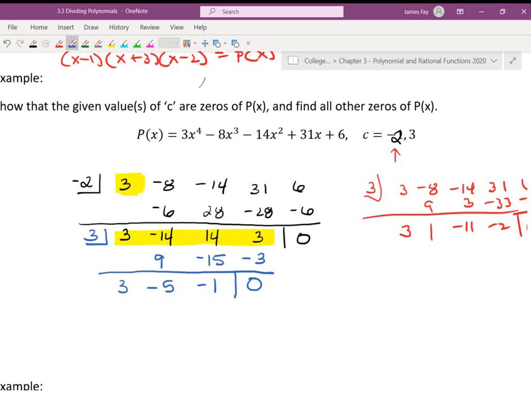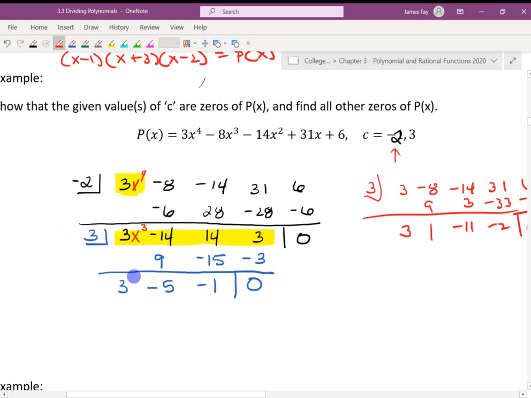Okay? And why is that 3, -5, -1 line important to us? Why do we want that to generate? Think about this. You said this was x to the 4th, right? Somebody told me that this was x to the 3rd. When I take x to the fourth divided by a linear factor, it depreciates to x to the third. We just took x to the third and divided it by another linear factor.